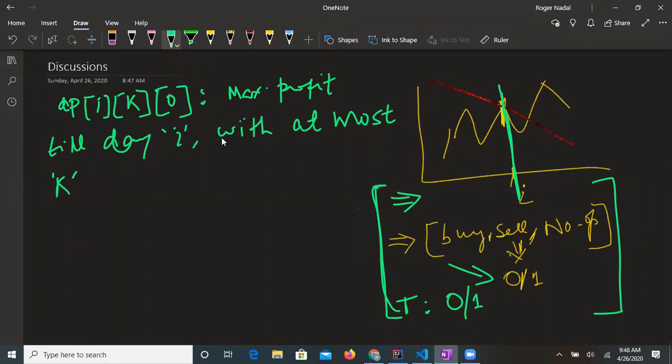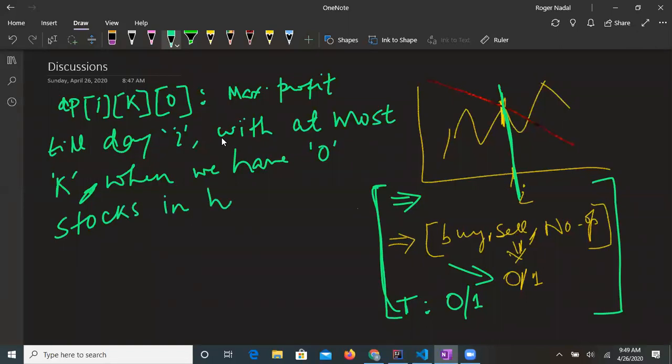Okay. And then what is the significance of the last value? When we have 0 stocks in hand after the last transaction.